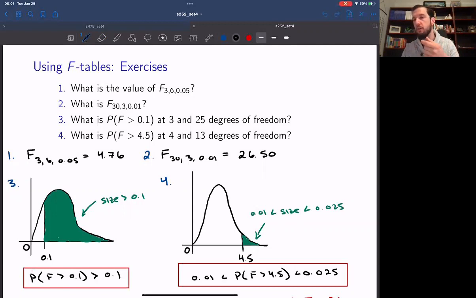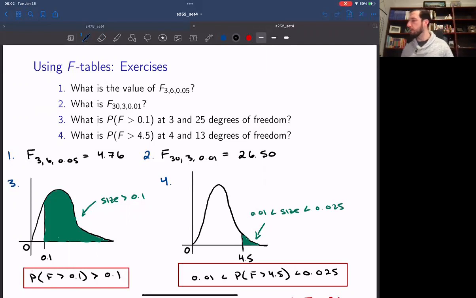So our one-way ANOVA hypothesis tests are going to be based off of the F distribution. That is, the test statistic is going to be an F random variable. And as a result, we're going to need to know how to use the F table and the F distribution to find critical values and p-values so we can make a conclusion about our null hypothesis.